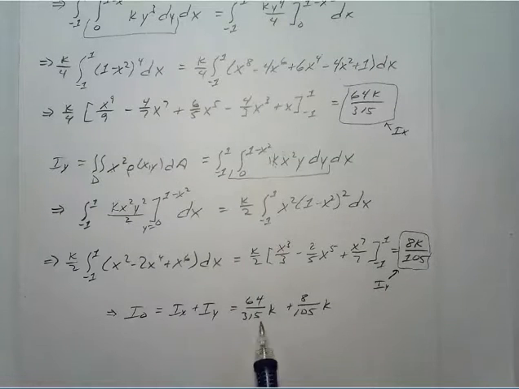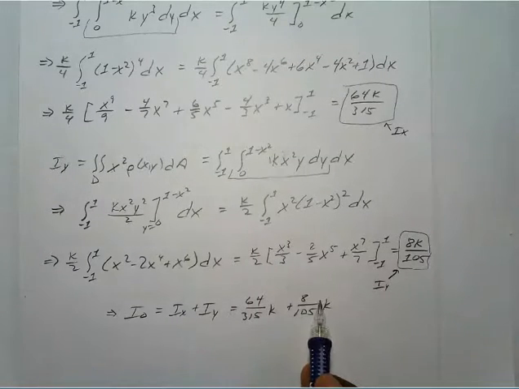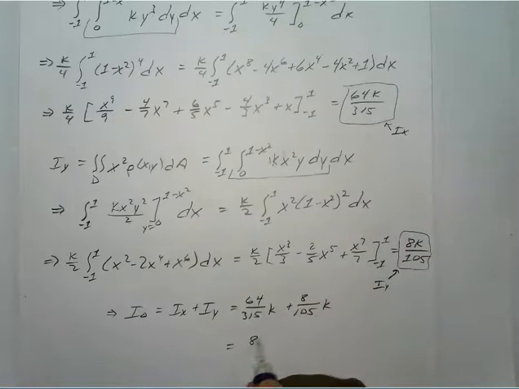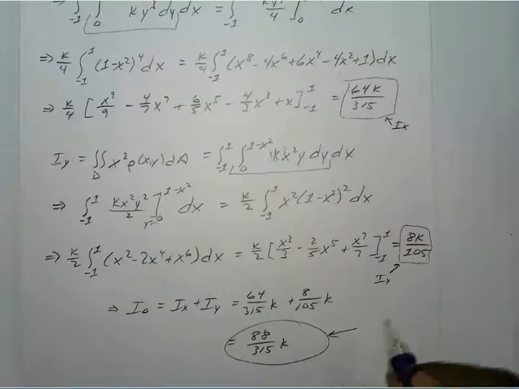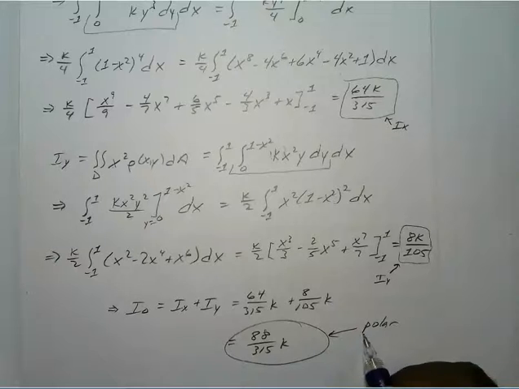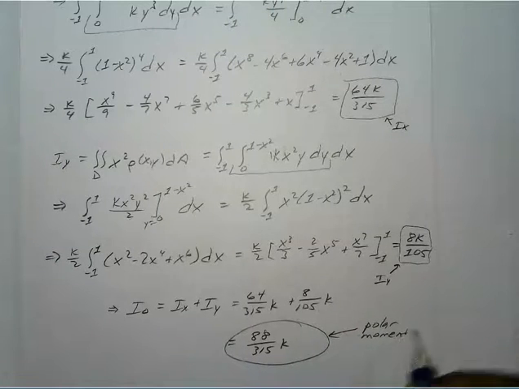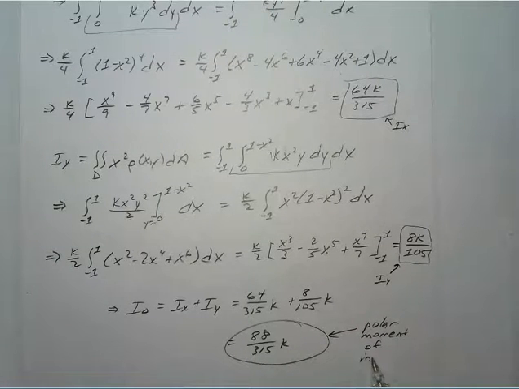All right, so if we go ahead and multiply this by 3 over 3 to get like terms and then add, we end up with 88 over 315k for our polar moment of inertia.